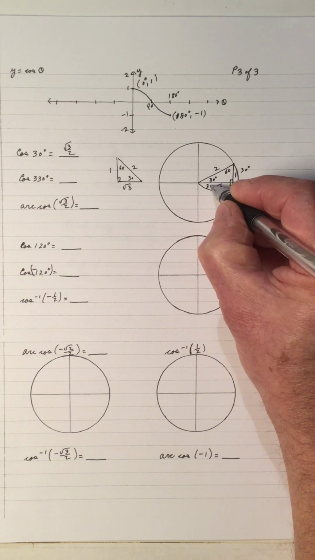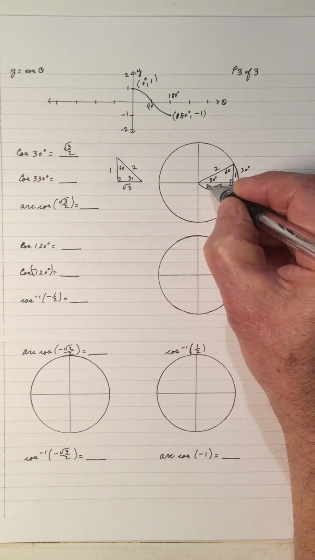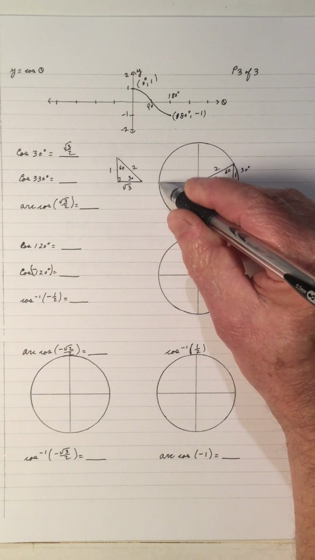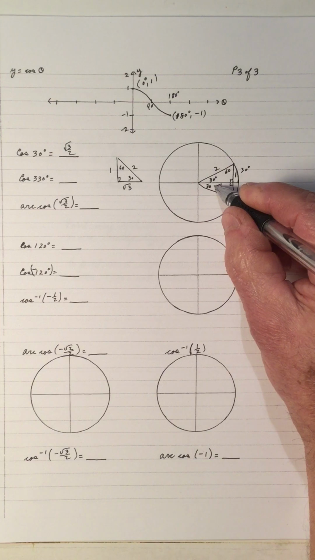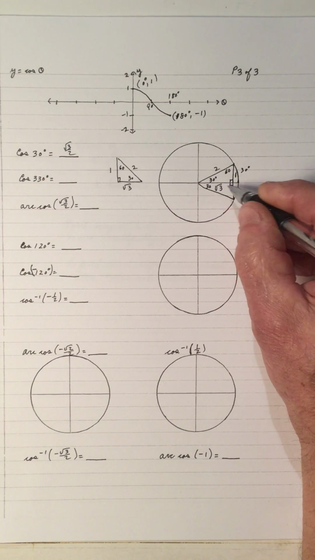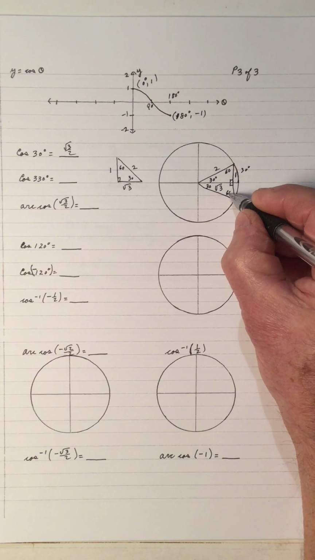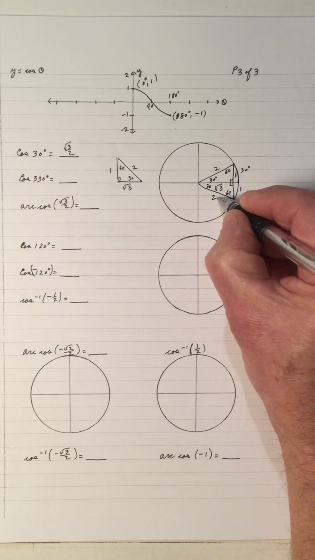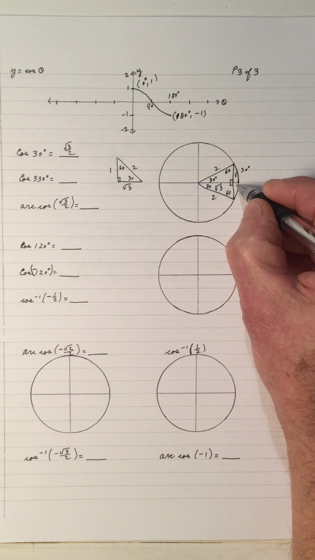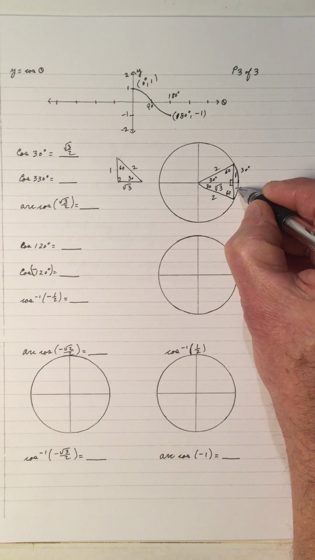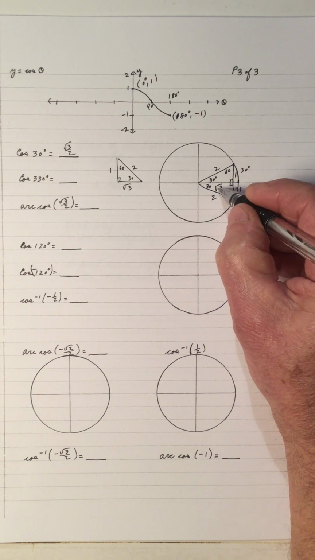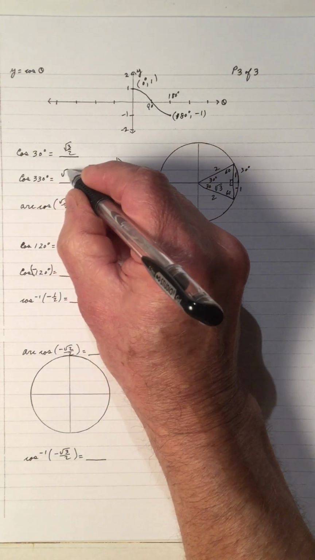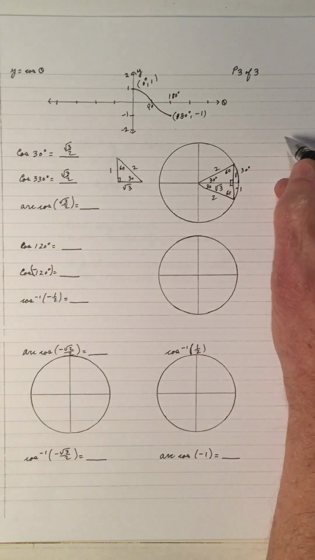The reference angle is 30 also, because 330 plus 30 is 360. So this is a 60. So this is 1, this is root 3, this is 2. But in this quadrant, the y is negative. So the cos of 330 is still adjacent over hypotenuse, which is root 3 over 2.